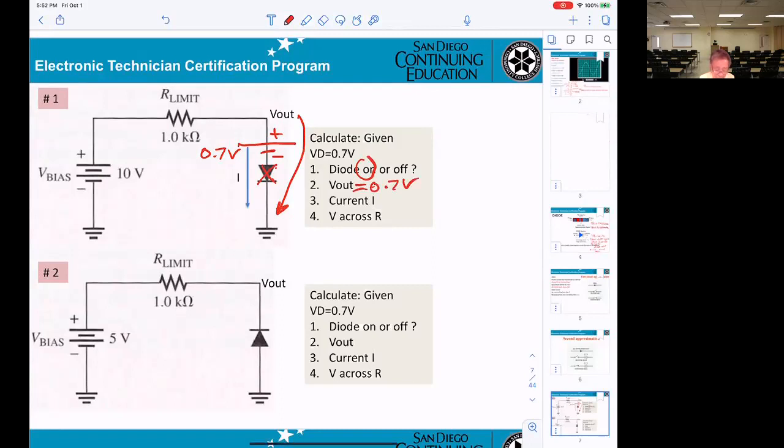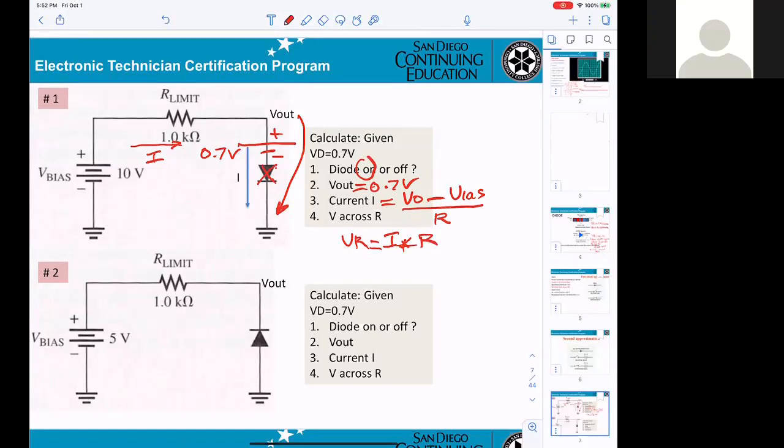If you calculate the current flowing here, that means the difference between V out minus V bias, divided by R. Okay? And after you get current I, you can calculate the VR, I times R.